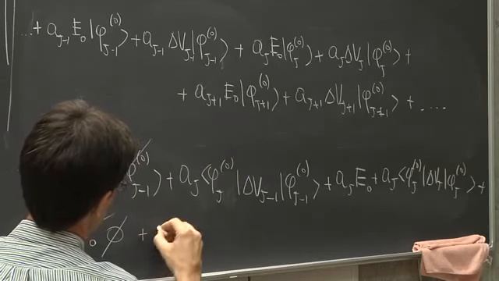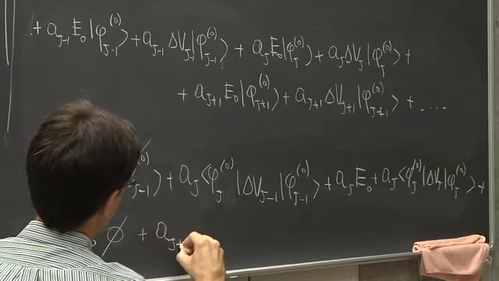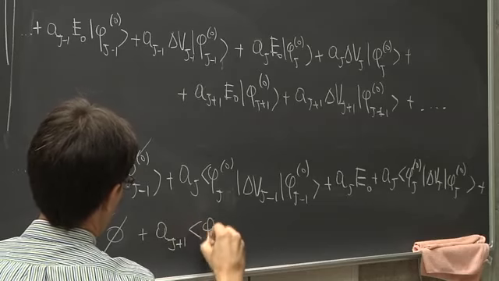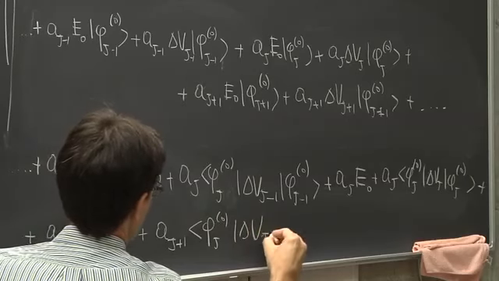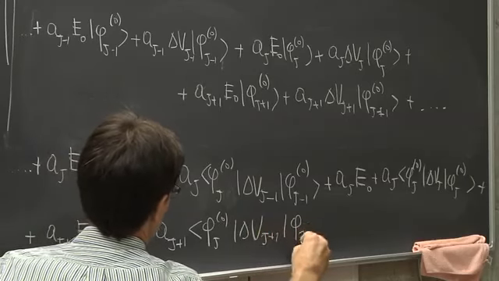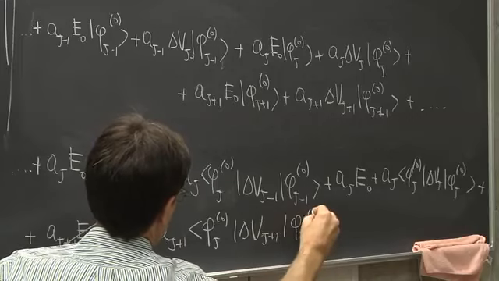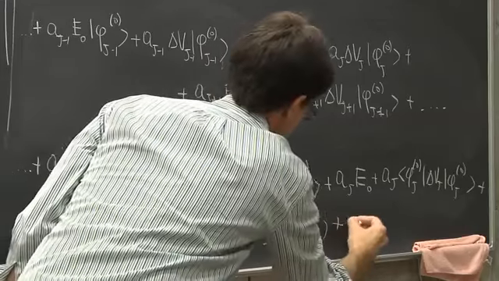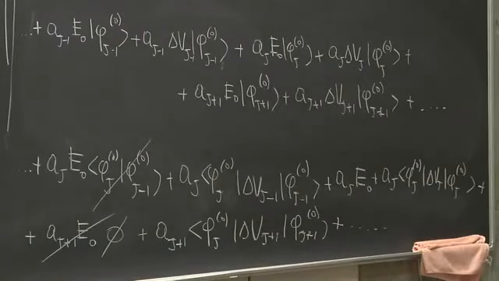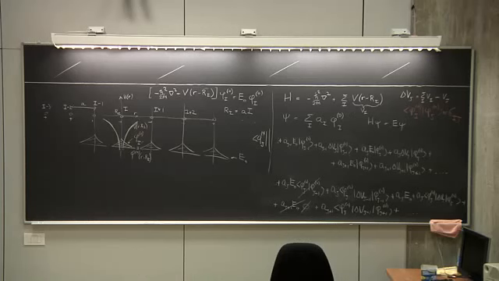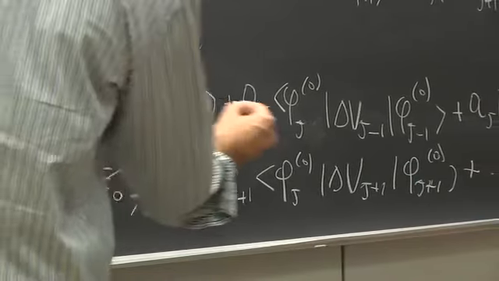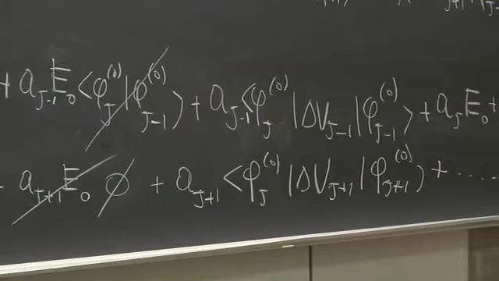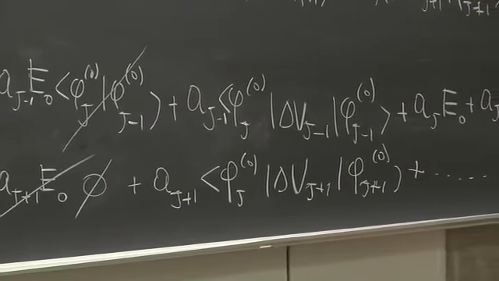We have the last term. aj plus 1 phi j delta v j plus 1 phi j plus 1. You're right. aj minus 1. Thank you. aj plus 1, aj plus 1. Correct.